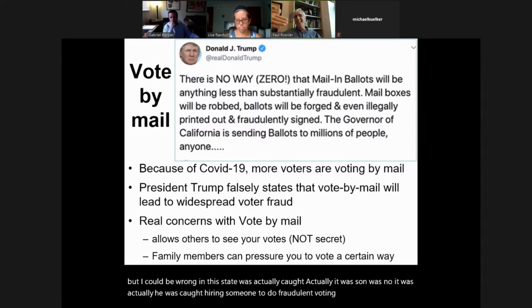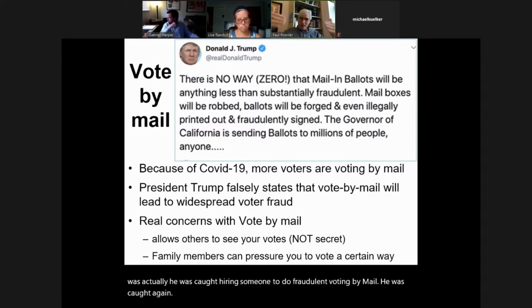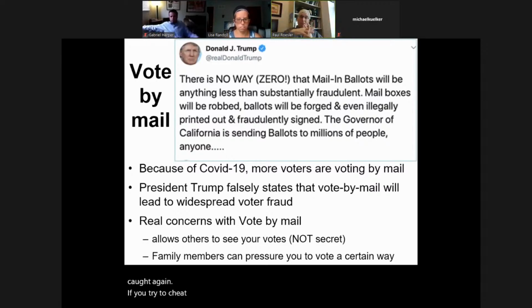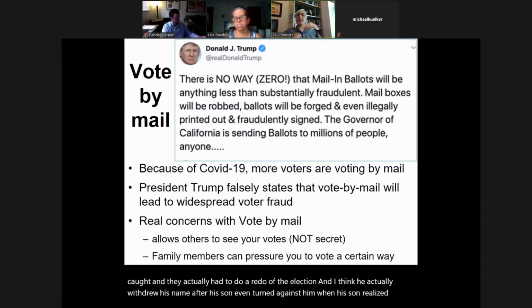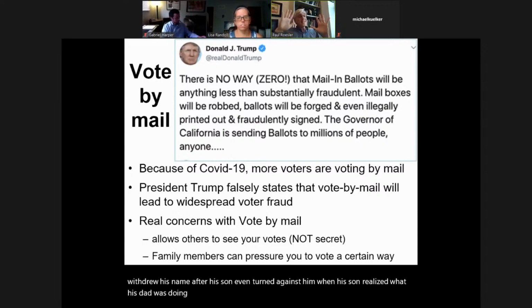Again, if you try to cheat with absentee ballots, you're going to get caught. It's pretty obvious when you do it. And they actually had to do a redo of the election. And I think he actually withdrew his name after his son even turned against him when his son realized what his dad was doing. So it is technically possible to commit voter fraud by mail. It is, but as Kurt Barr said very nicely, you're going to get caught if you do it.